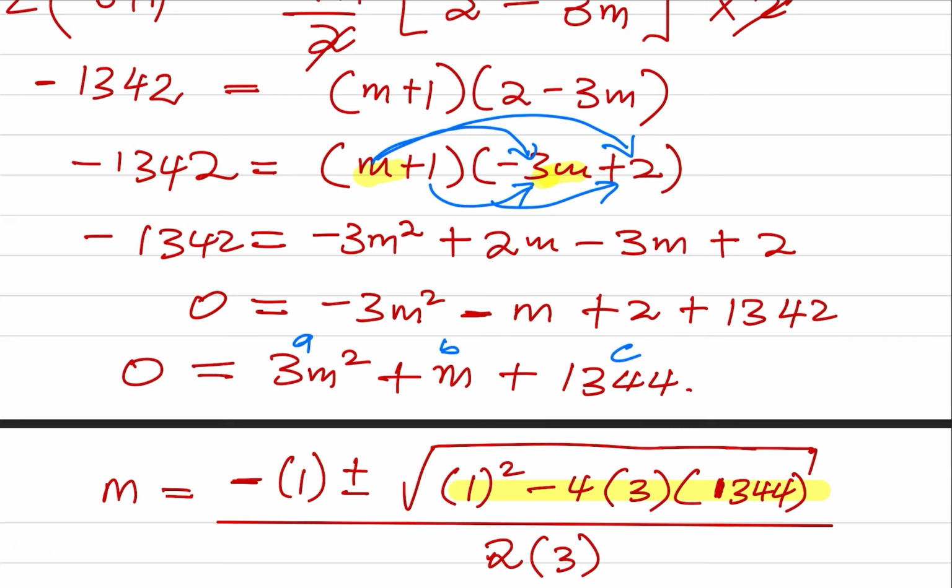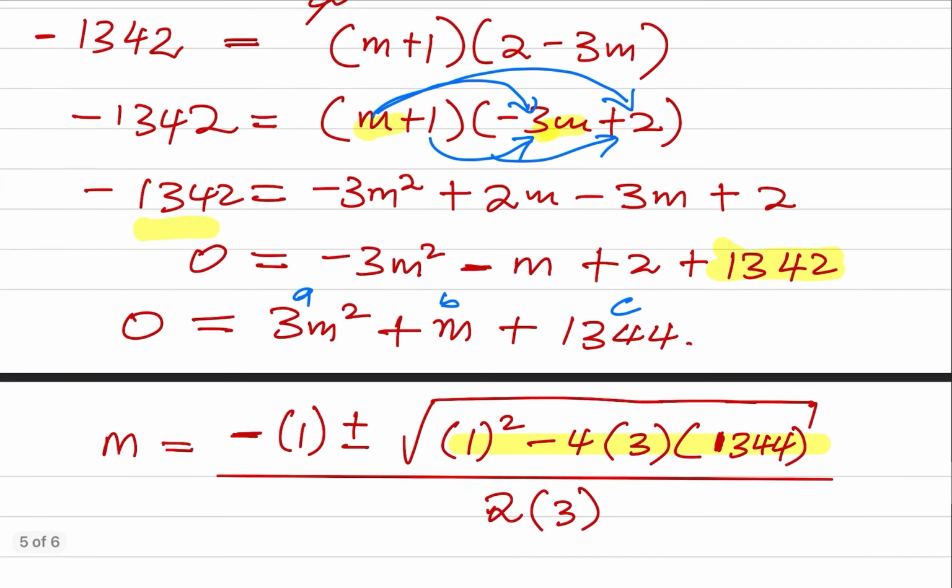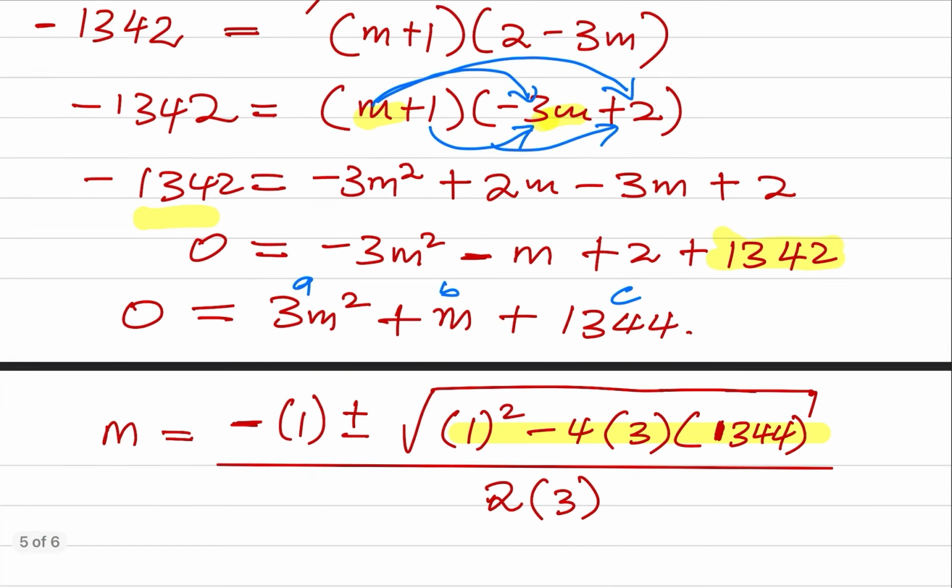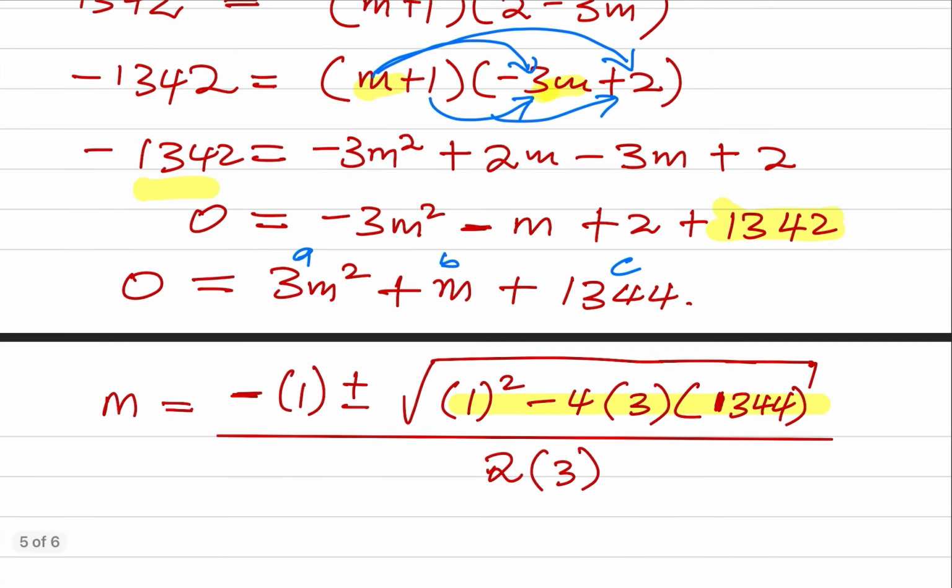Then 2m minus 3m is negative m, plus, then this will change sign and go to that side. So 2 plus 1342 is just 1344. Now we have negative 3m squared minus m plus 1344.